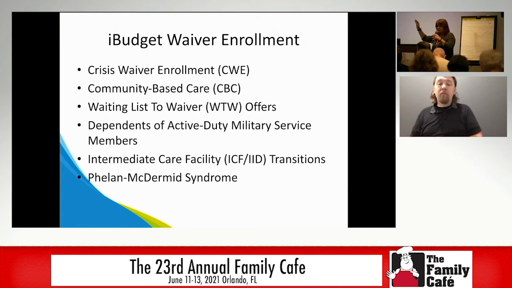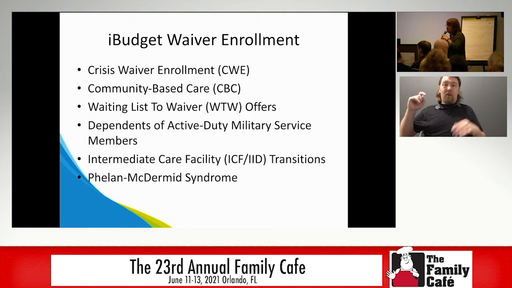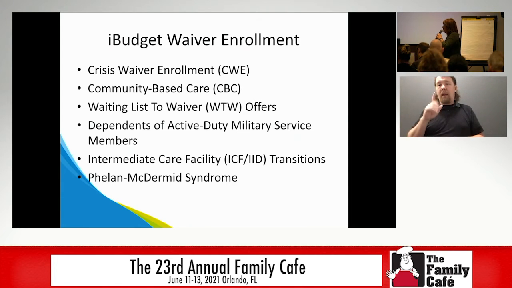Individuals in crisis and foster care kids continue to receive an option to enroll on the waiver. But if we receive additional funds like we did this year, then we can also now go and offer people in waiting list category 3, 4, and 5, who we assume, because of the priority category description that I told you earlier, have a higher level of need, and those are the ones that are going to be offered.